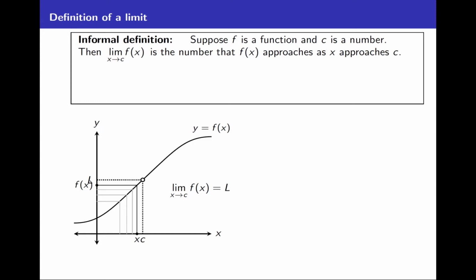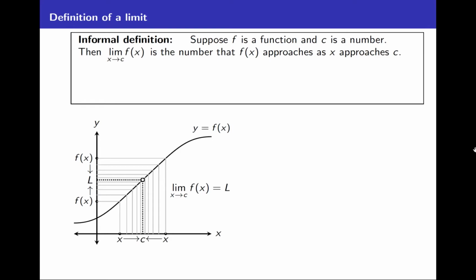So x is approaching c, and f of x is getting closer and closer to L. As x approaches the number c, f of x is approaching the number L. If x were to the other side of c, and we look at f of x, it's above L, but as x gets closer and closer to c, f of x is getting closer and closer to L. As x approaches c, f of x approaches L. So L is the number that f of x approaches as x approaches c, which means that L is equal to the limit as x approaches c of f of x.